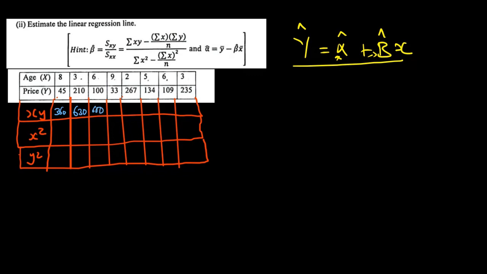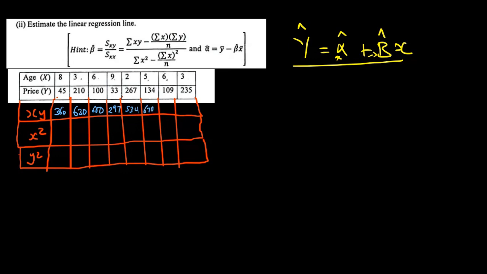And then here I have 9. So 9 multiplied by 33, I'm going to have 297. 2 multiplied by 267, I'm going to have 534, and then I have 5 multiplied by 134, I'm going to have 670.